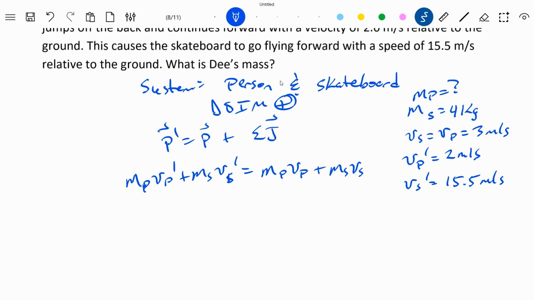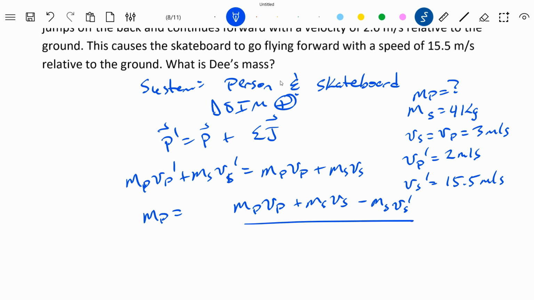Okay, solving this for mass of person, the right side of the equation, mpvp plus msvs, subtract mass of skateboard, velocity of skateboard prime, all of which is over the velocity of the person prime.